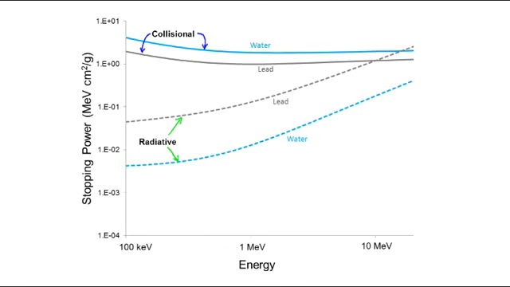You'll see there's not very much energy dependence, and as you go up in Z, the collisional losses go down a little bit. That's the dependence on the number of electrons per unit gram. It's a relatively small change compared to the change in radiative losses, but there it is. And at some point these cross over.